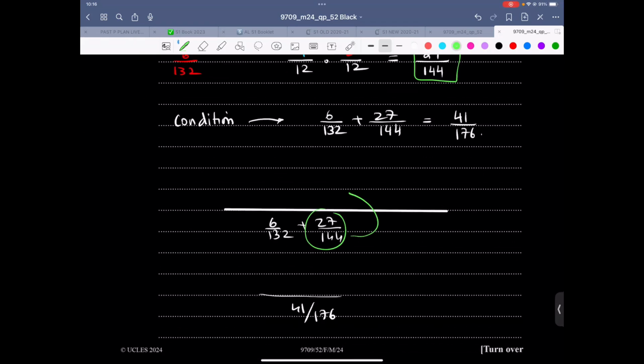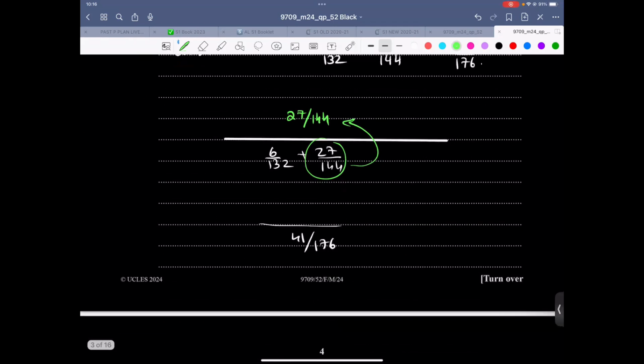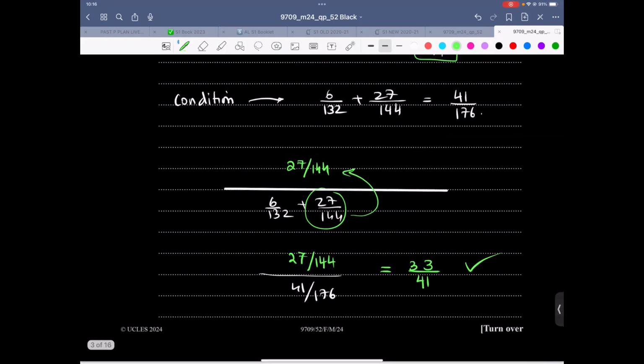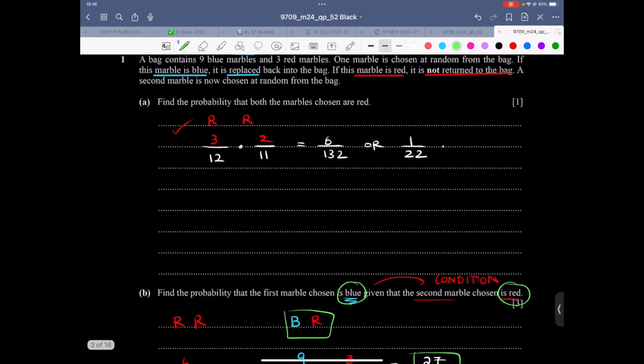So this numerator goes up, that is 27/144. And when we divide, the answer that we get in the reduced form is 33/41. So that's how this first question is completed. A little more than average question, but it's a good one.